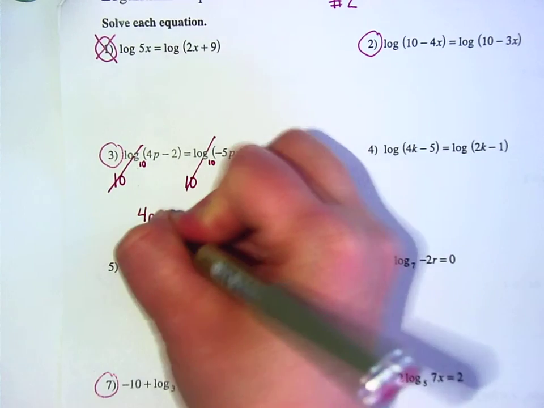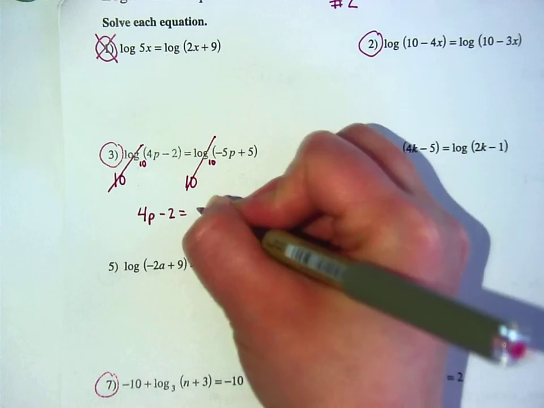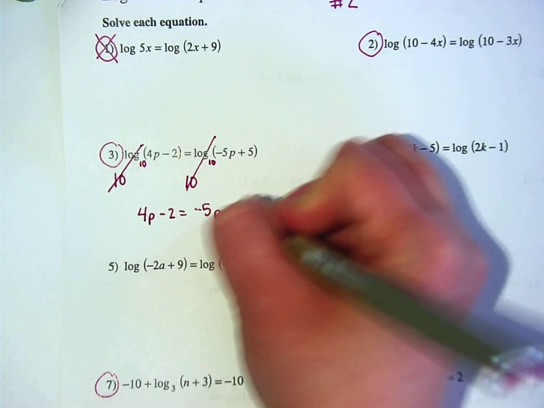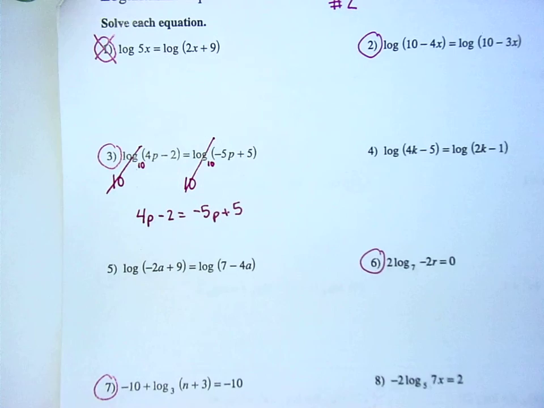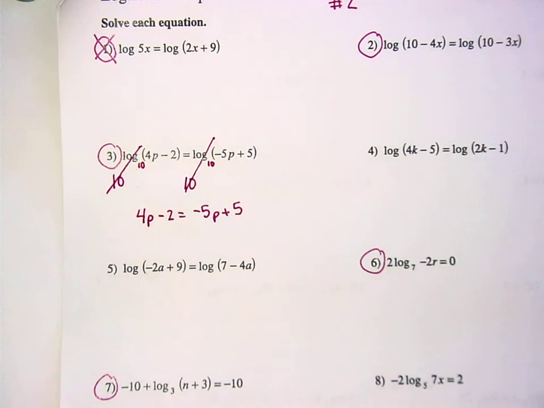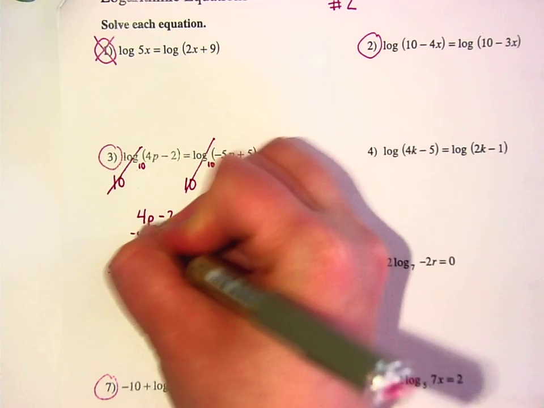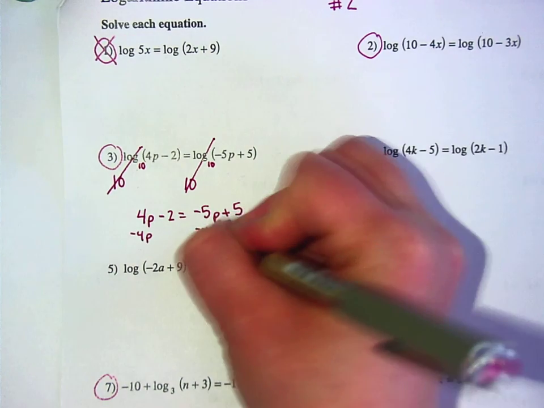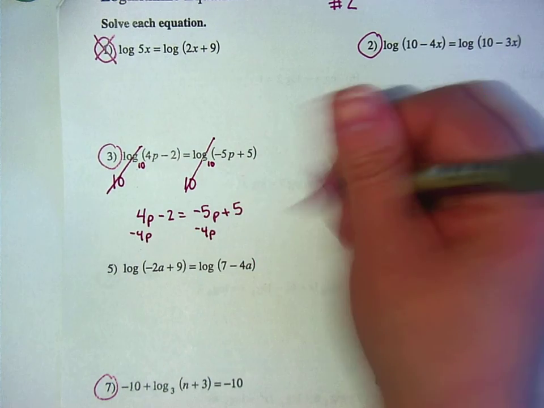And I'm left with 4p minus 2 equals negative 5p plus 5. Now what? Subtract the 4p and subtract the 5. Okay, looks like Kyle's decided to get the p's on the right.